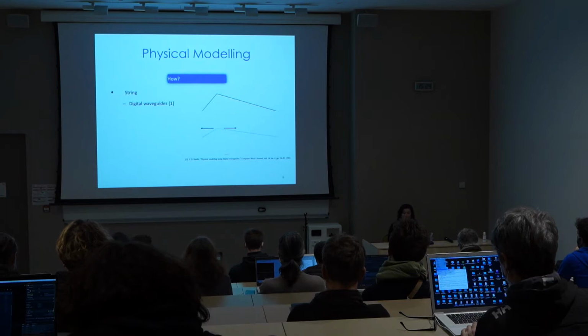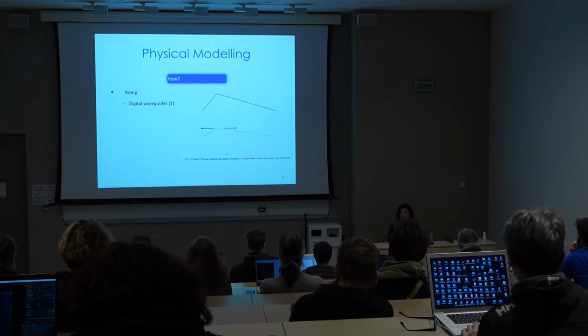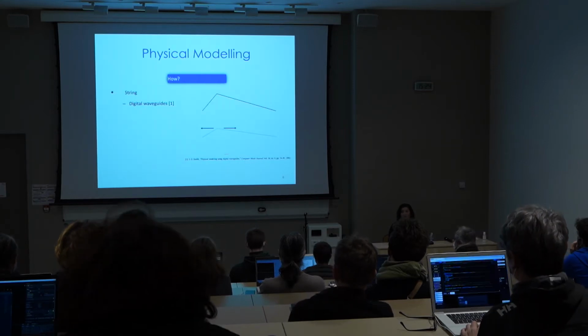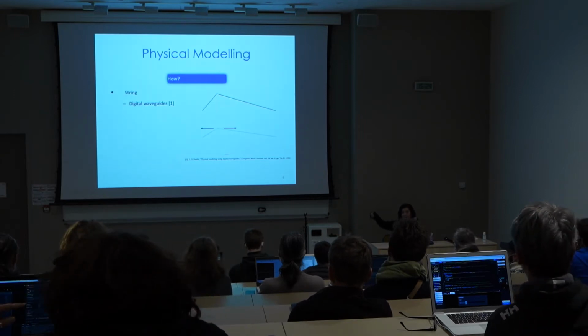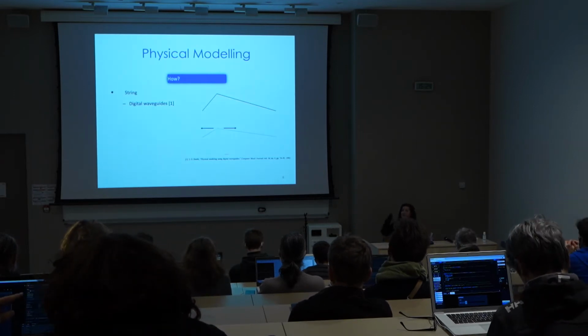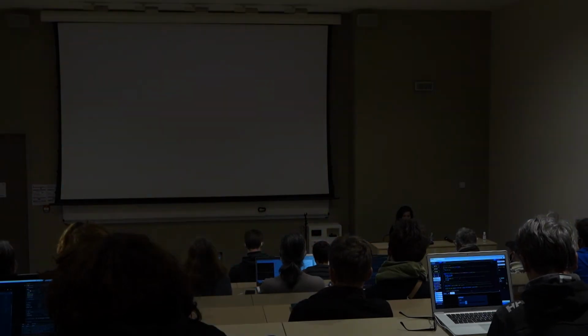One of the most popular and first algorithms that uses this technique is the Karplus-Strong algorithm, because they were the first to literally take a delay, put some noise in it, and hear that it sounded like a string. This actually exists in Faust.